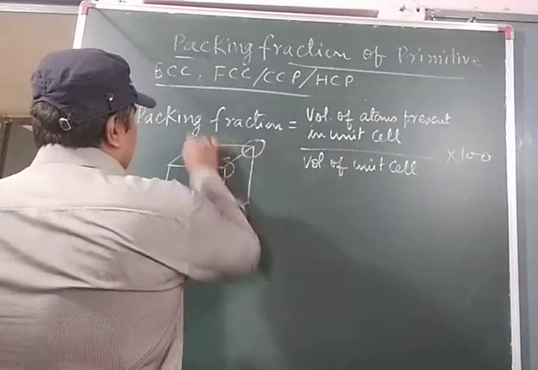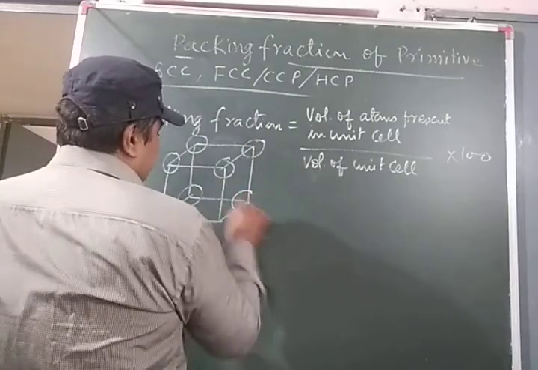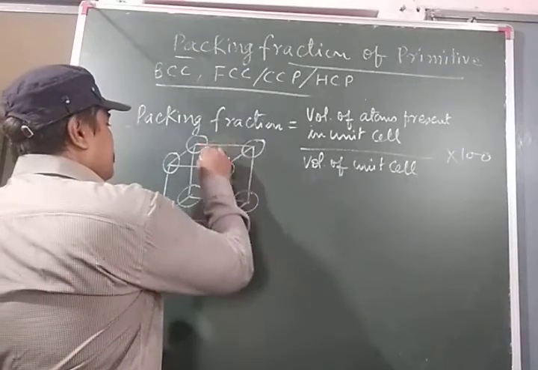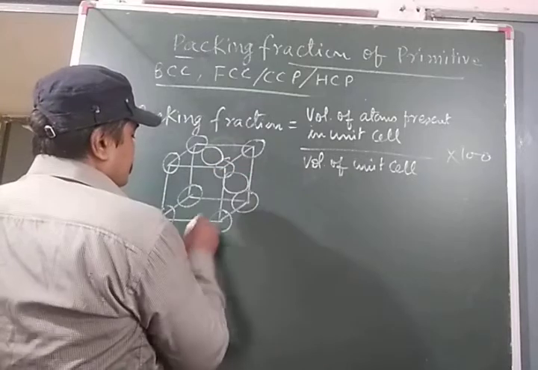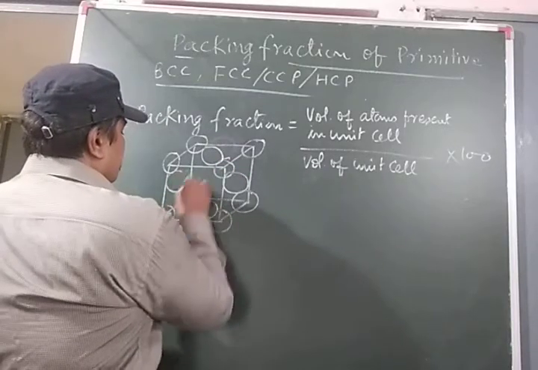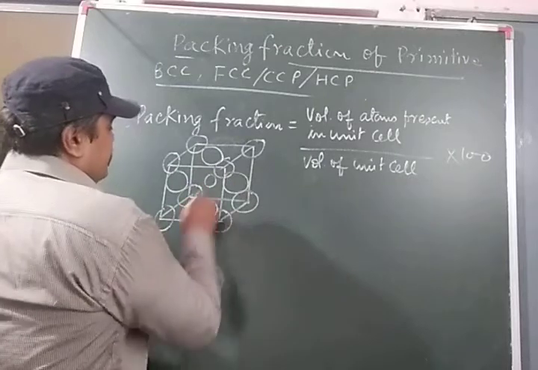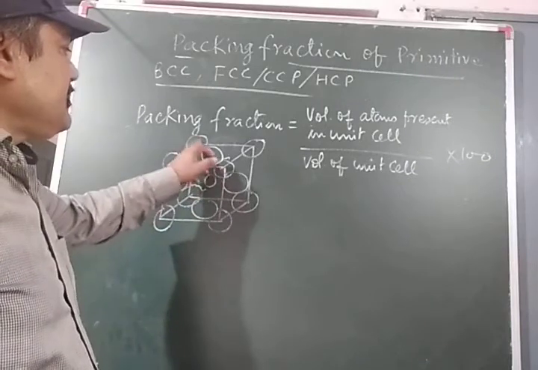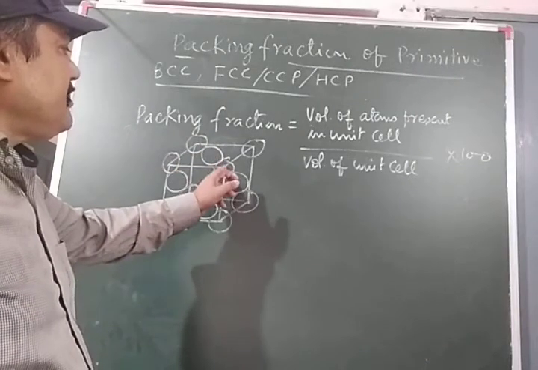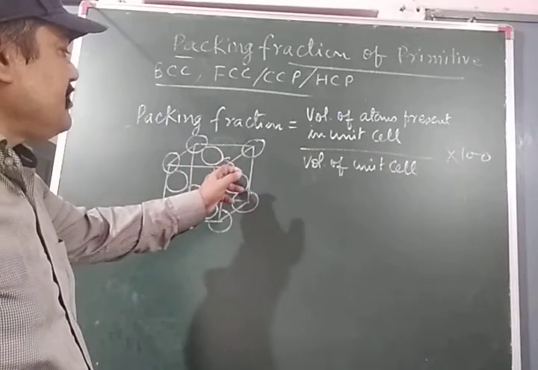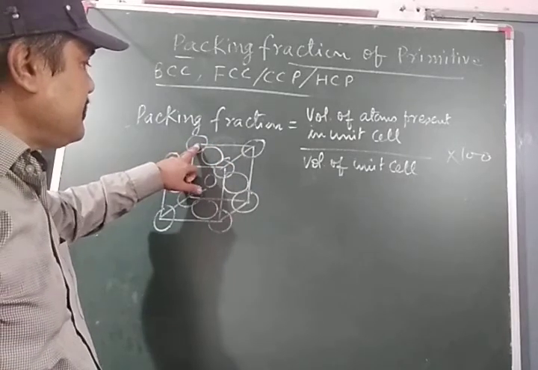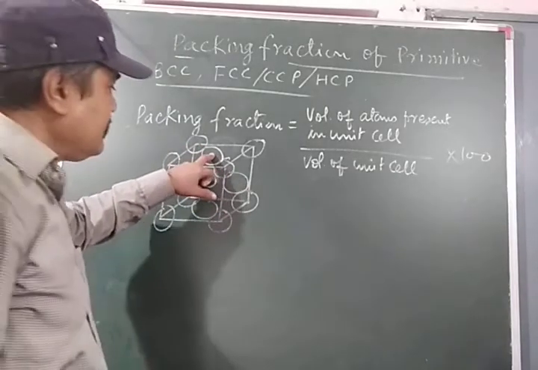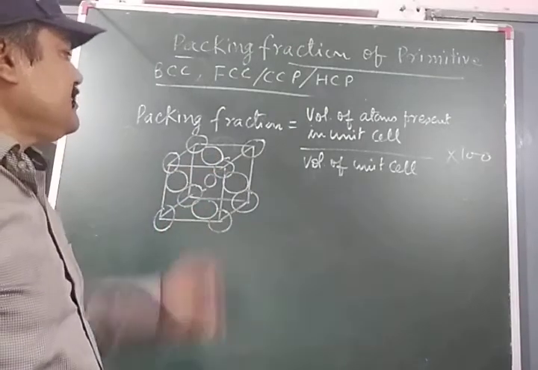Atoms are present at the corners and 6 atoms are present at the center of each surface. ओके, तो यहां भी इस तरीके की पोजीशन है। ये जो फेस डायगोनल है, फेस डायगोनल पे जो ये एटम्स है, इसमें जो this atom is present at this corner, this atom is present at this corner, and this is at the center of the face.